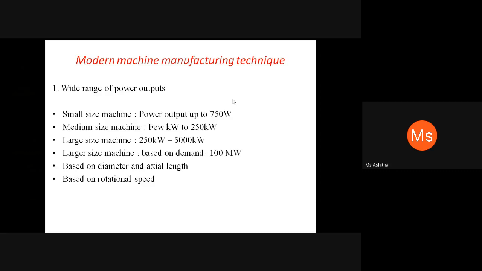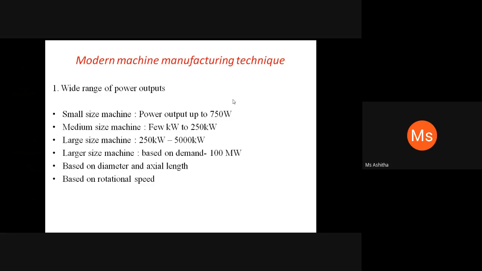The suggested classification on the basis of power is given here. One is the small size machine. A power output of about 750 watts may be called a small machine. The medium size machine has a power range from a few kilowatts to approximately 250 kilowatts. And the large machine output ranges from 250 kilowatts to about 5000 kilowatts.